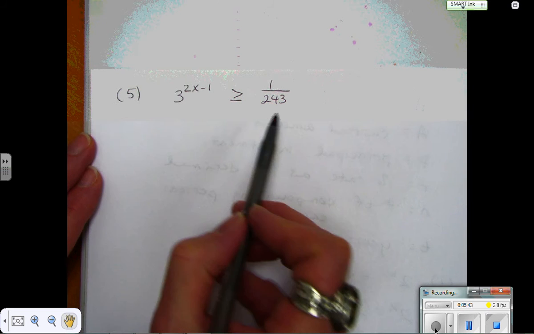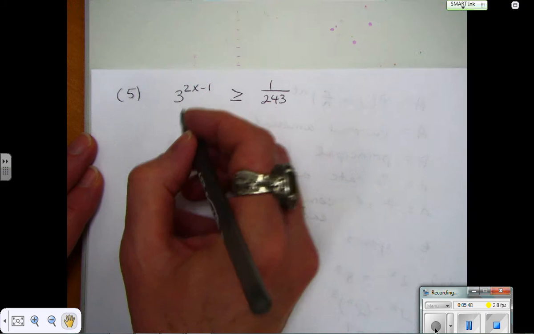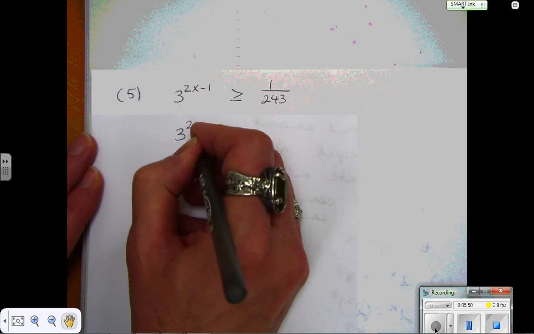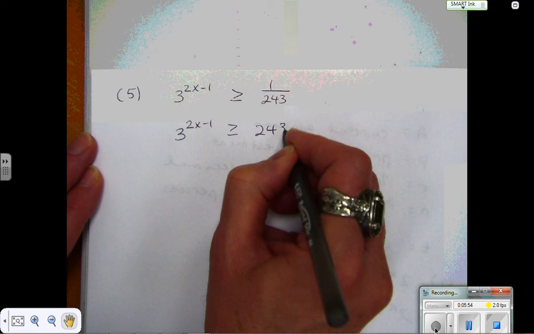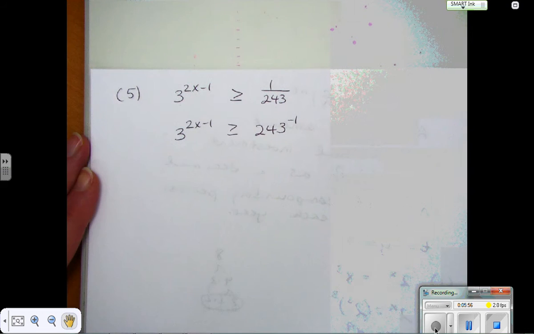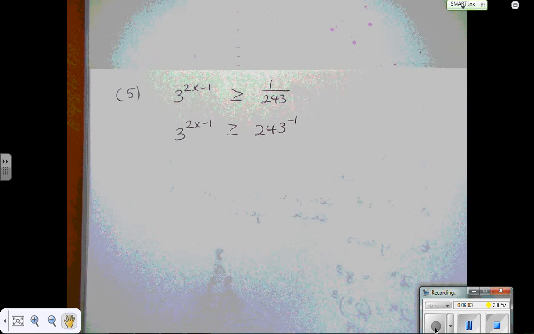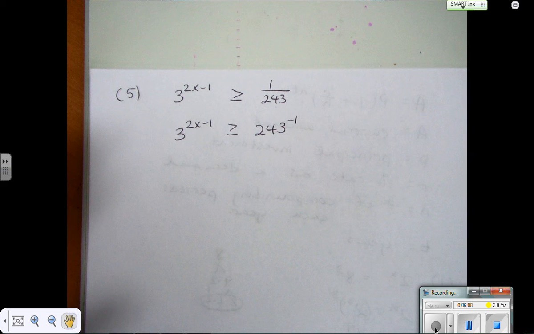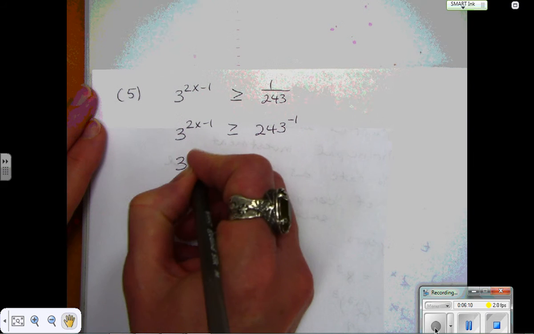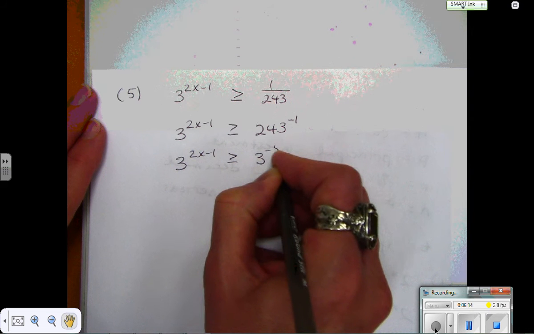So what can I do first of all to get it out of the denominator? To the negative 1 power. So then it'll be on the other side of the fraction bar. Okay, and then 243, could I write that as 3 to a power? 3 to what power? 3 to the 5th, okay. So 3 to the 2x minus 1 is greater than or equal to 3 to the negative 5th power.